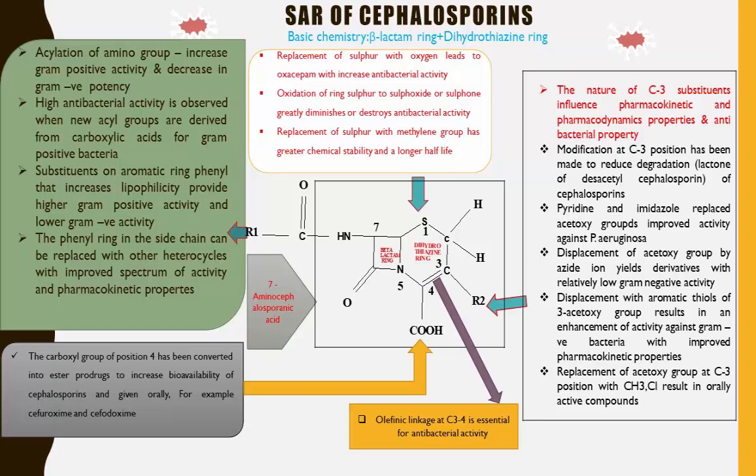High antibacterial activity is observed when new acyl groups are derived from carboxylic acids from gram-positive bacteria. Substituents on the aromatic phenyl ring that increase lipophilicity provide high gram-positive activity and low gram-negative activity. Lastly, the phenyl ring in the side chain can be replaced with other heterocycles with improved spectrum of activity and pharmacokinetic properties.